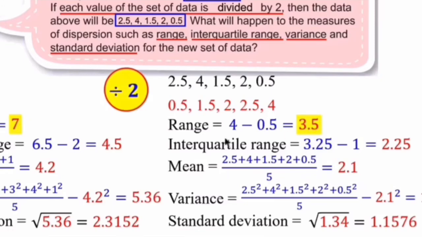It seems like after dividing by 2, the new range becomes half, 3.5. Interquartile range becomes half, also divided by 2. And mean also divided by 2. But variance is not divided by 2, it's divided by 4. So you get 1.34.